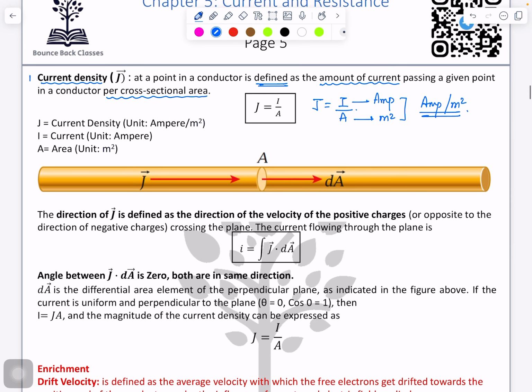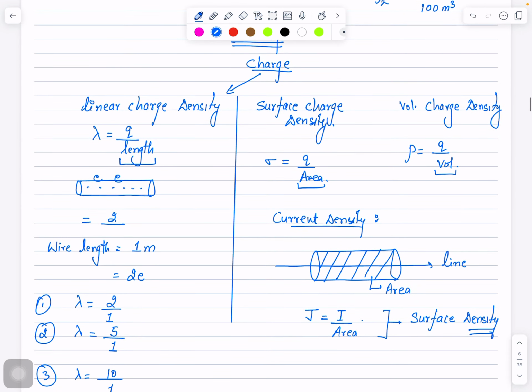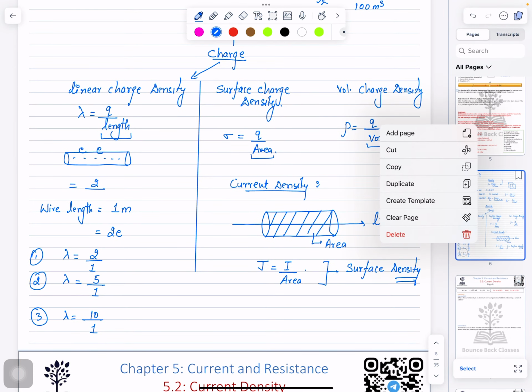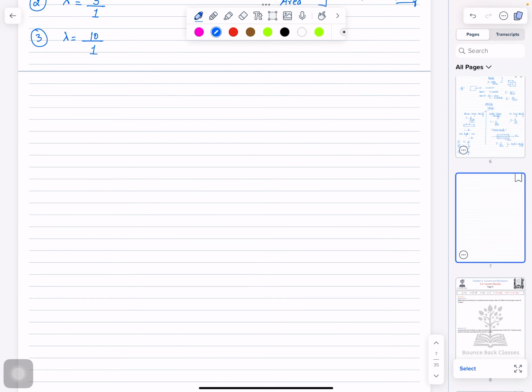Okay. Now the second point. First point is finished. Now we need to understand about the direction. Let's go to the next page. New page, I need to add here so that you can understand. Now I'm going to cover point 2, direction.